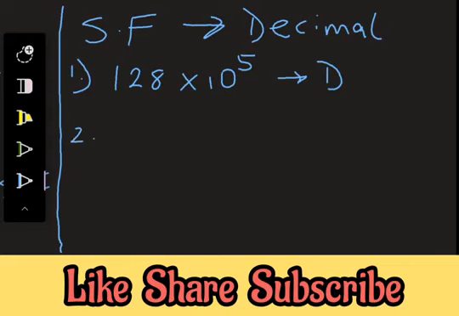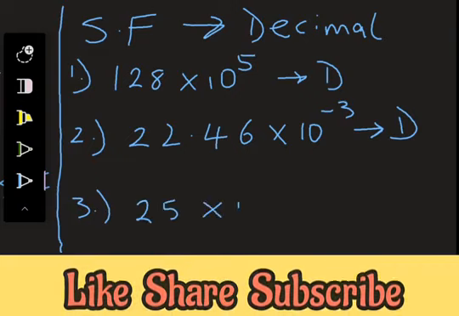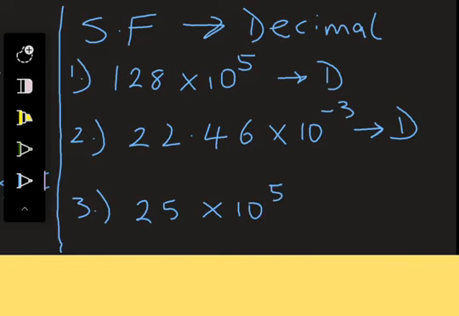Question 2, convert 22.46 times 10 raised to the power minus 3 to decimal. Question 3, convert 25 times 10 raised to the power 5 to decimal.